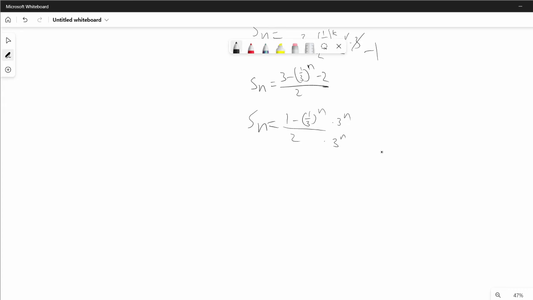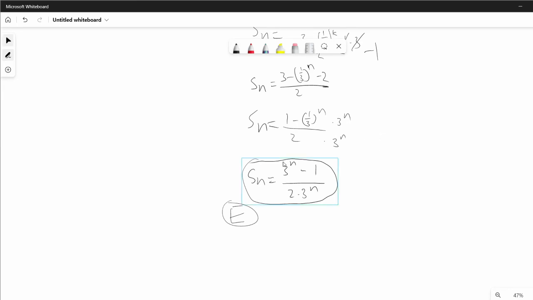Every 1/3 would have a 3 to be multiplied with, so all of that will cancel out to be 1. I have 3 to the n, and then minus 1 over 2 times 3 to the n, which will be our answer. I think it's option E.